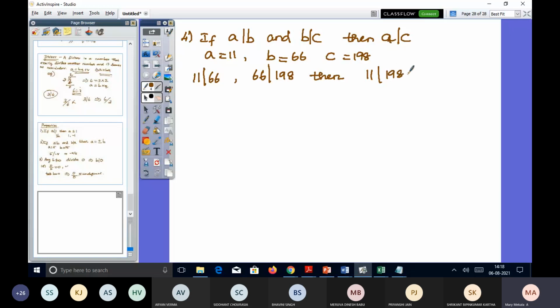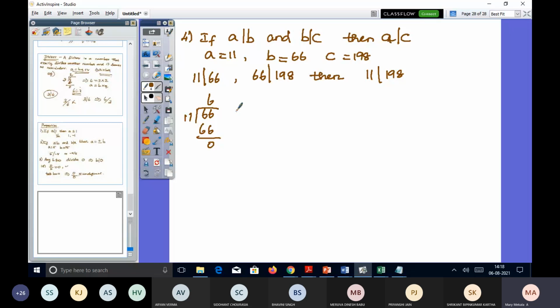So you can prove this one. If 11 divides 66, how do you write the calculation? 66 divided by 11, isn't it? 11 sixes are 66. So it is divided. So 11 divides 66.